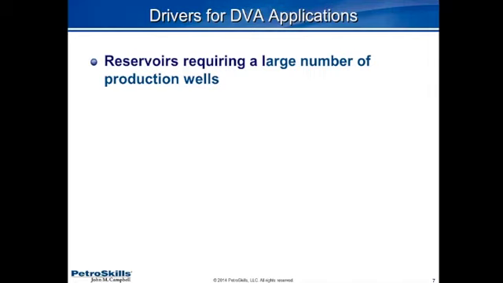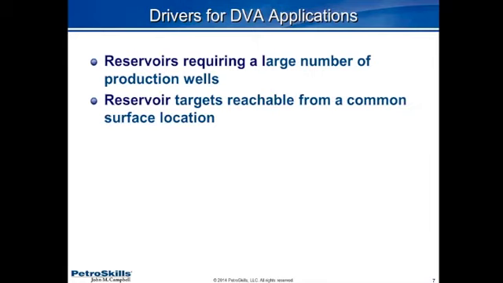The cost of drilling a well from a fixed platform is relatively much less than the cost of drilling from a mobile offshore drilling unit. Thus, if you have many wells, the cost of providing the platform offsets the cost of drilling the more expensive subsea well using a mobile drilling unit.